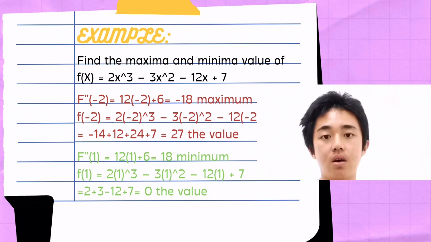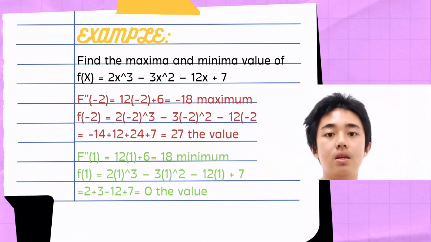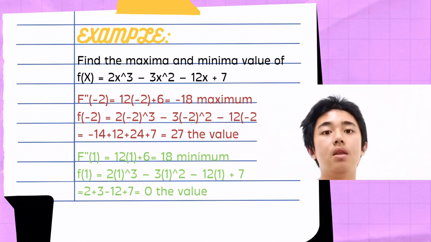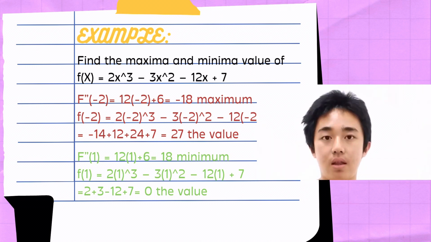For the second derivative, we input x = -2. So f''(-2) = 12 times -2 plus 6, which gives us -18.